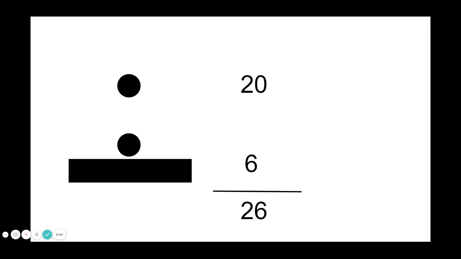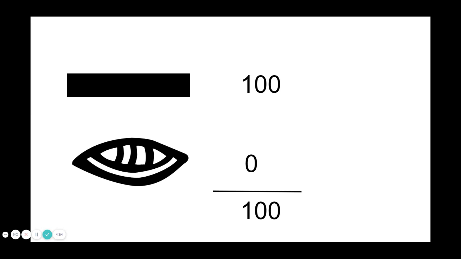And then let's say we want to do 100. Well, we're going to need 5 20s to get to 100, and we're not going to have anything in the ones. So we're going to have a bar in the 20s spot because there's 5. The bar represents 5, so 5 20s and 0 in the ones. That gives us 100.